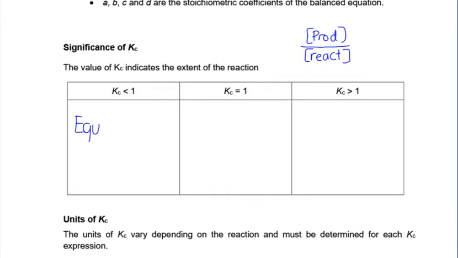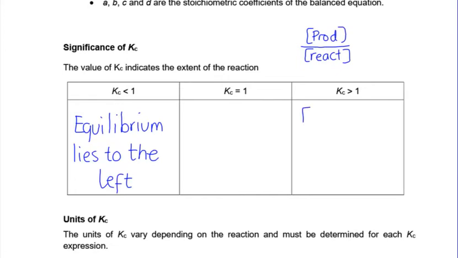Equilibrium lies to which side? Equilibrium lies to the left. More reactants. Which means that if it's to the right, greater than 1, we're going to have a lot more products.